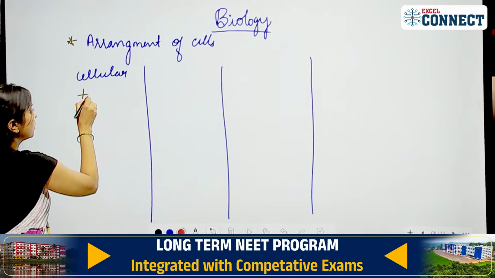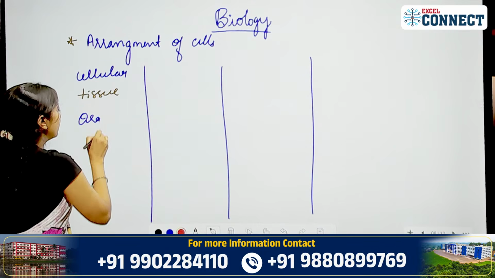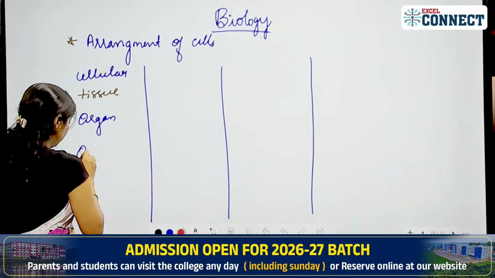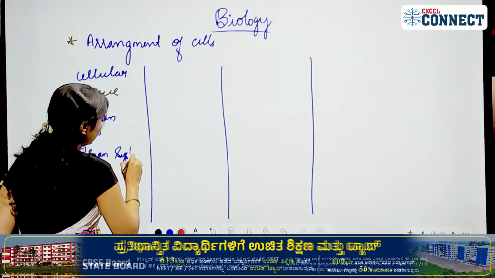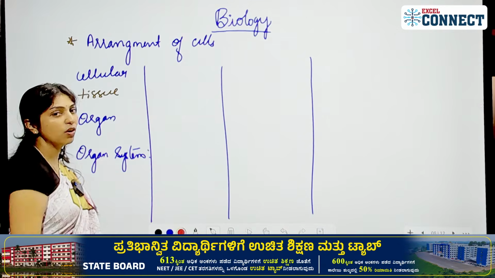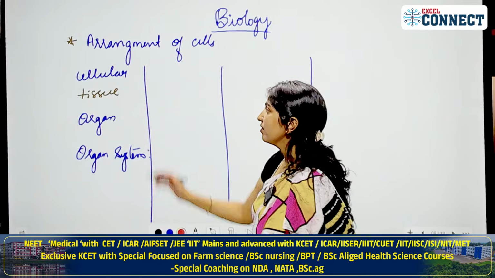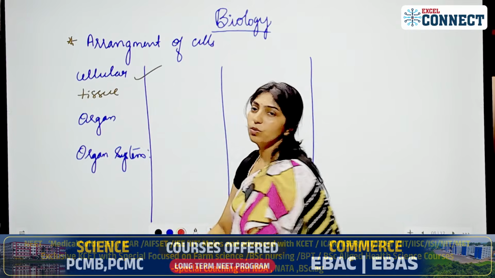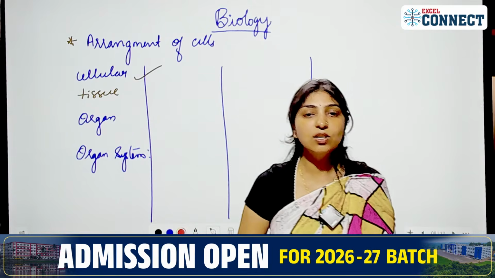Then we have studied the tissue level, organ level, and the organ system level of organization, correct? So here we have already studied how the animals are categorized into the cellular level.